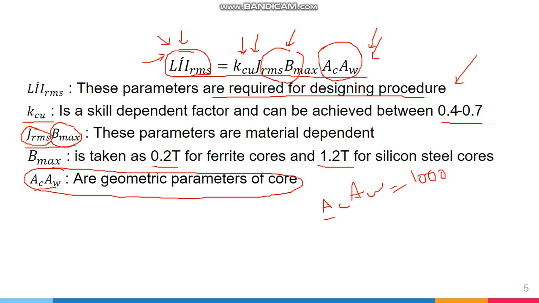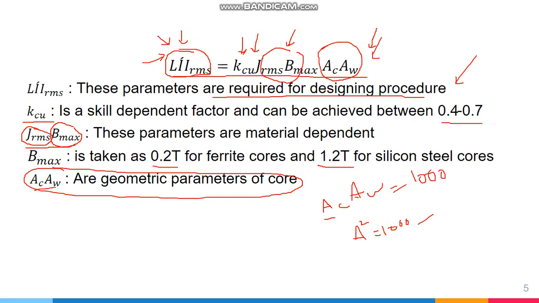In that case, to simplify calculations, you can consider both of them equal. AC into AW, they will be same, so I can consider them equal to A square is equal to 1000, whatever the units. So using this I will calculate the core and omega.